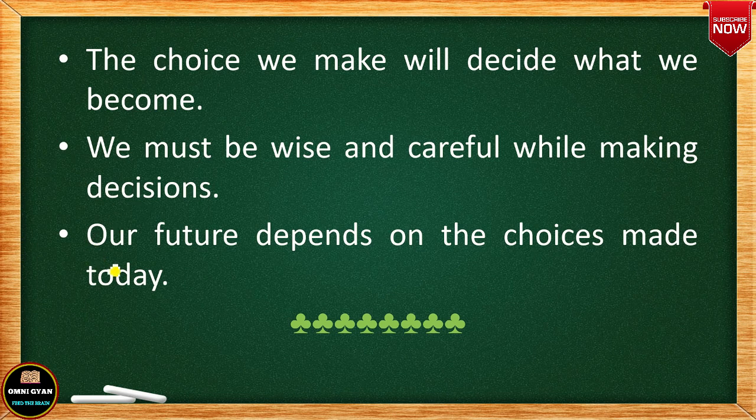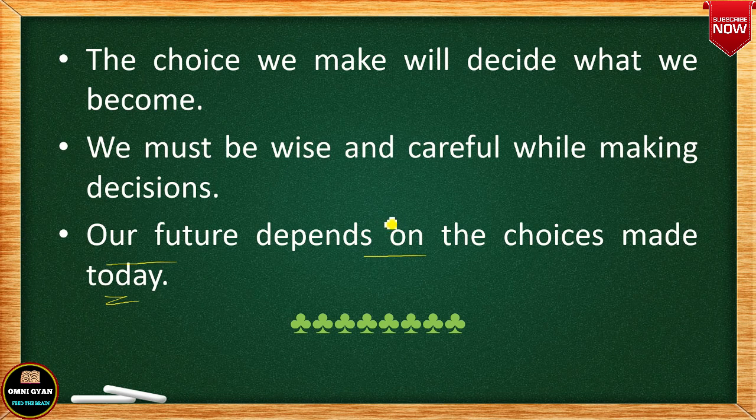Okay. So our future depends on the choices we make today. Life does not have a reverse button. Life does not have a rewind button or a backward button. Life always moves forward.